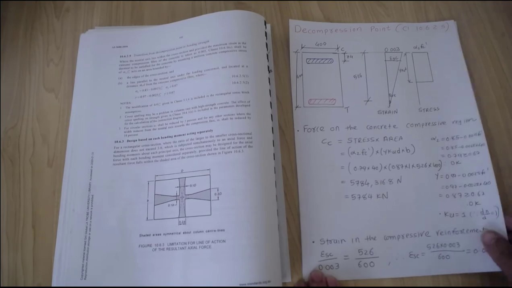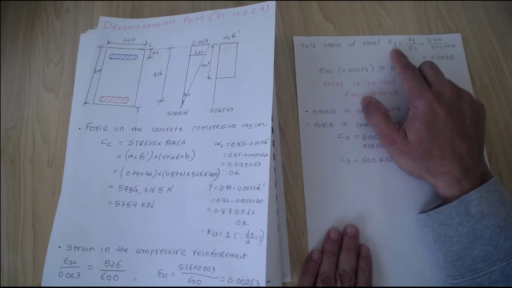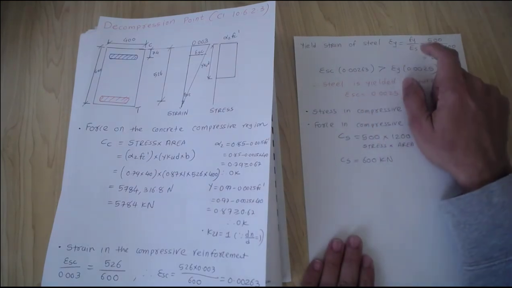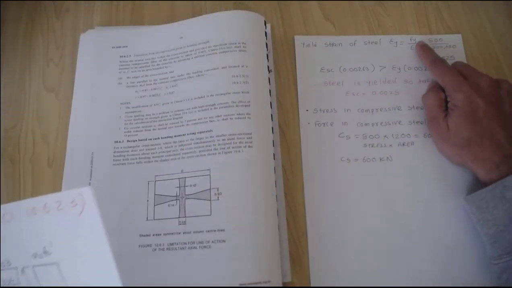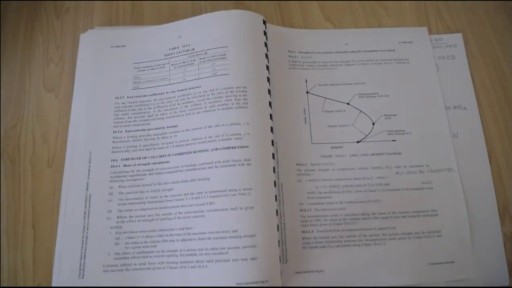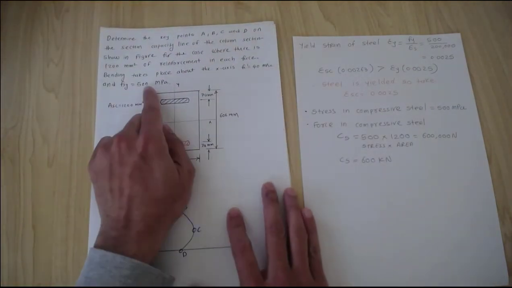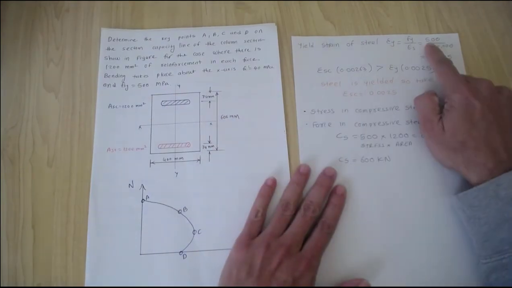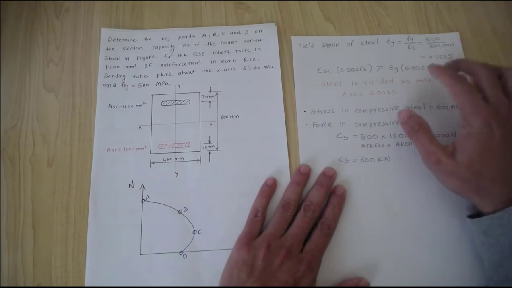0.00263. Now we need to check this strain against the yield strain of the steel. The yield strain can be calculated as f_sy over E_s, the yield strength over the Young's modulus of the steel. That is given in our questions: 500 megapascals, and the Young's modulus of the steel is 200,000.